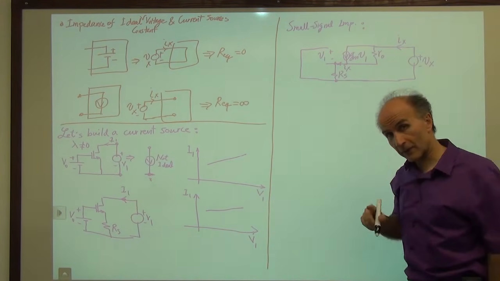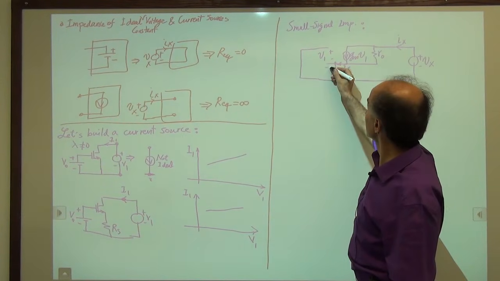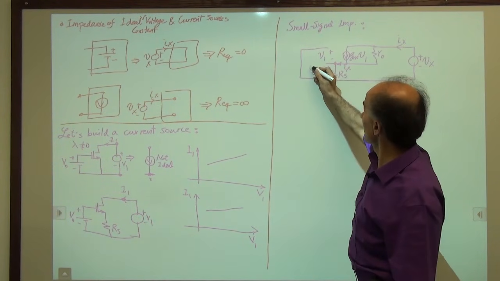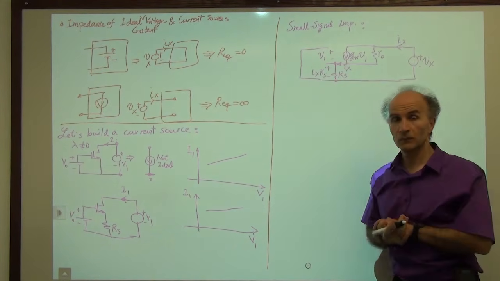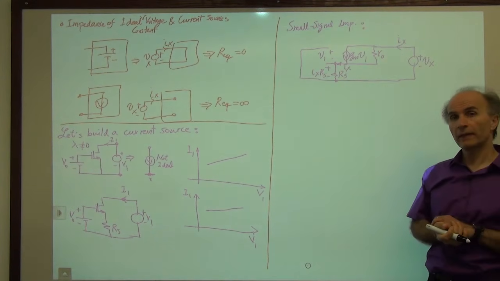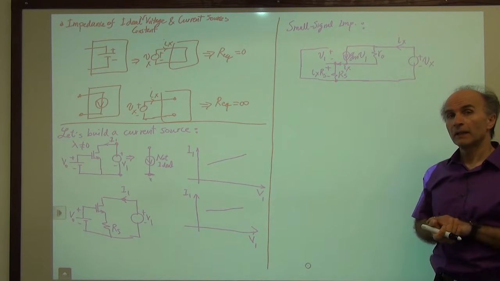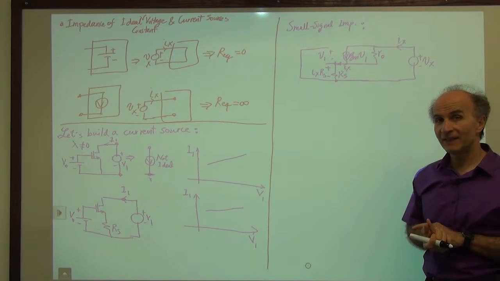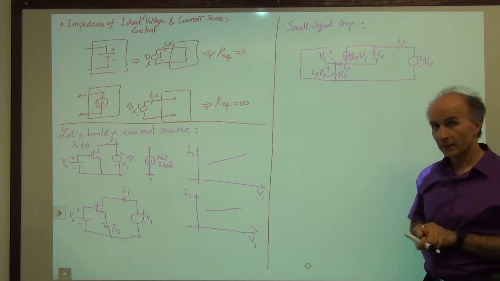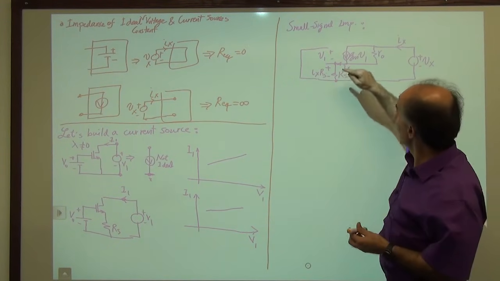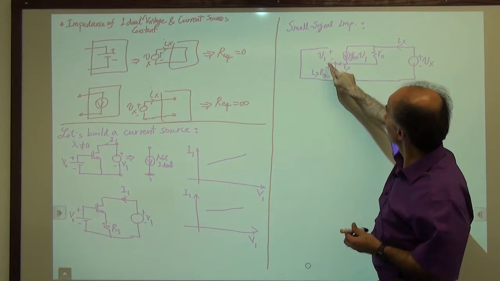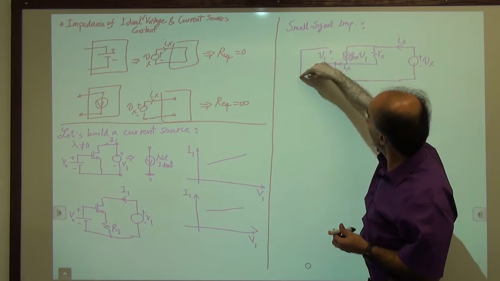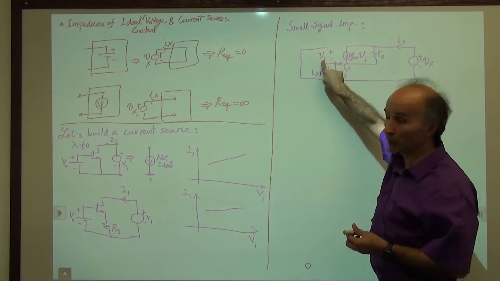The voltage drop across RS is equal to Ix times RS. Okay, that's good. Now, can I predict what V1 is? We see that the voltage from here to ground is Ix times RS. The voltage from ground to here is V1.